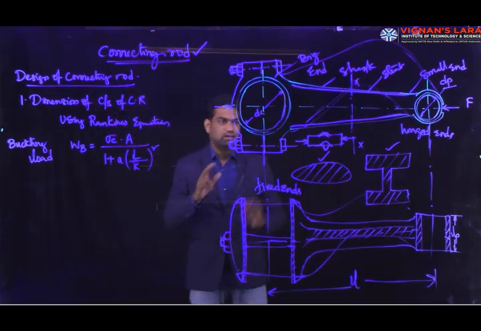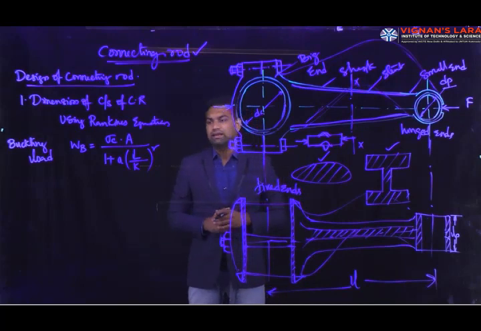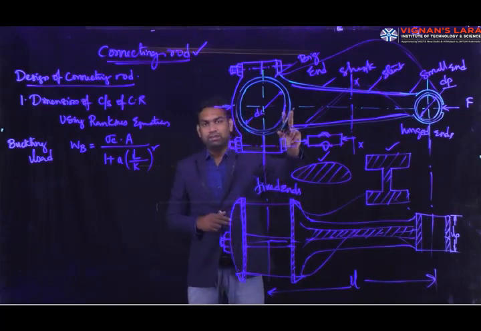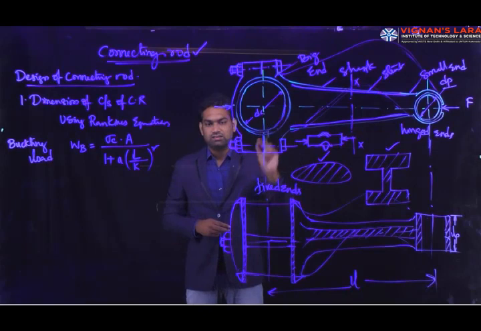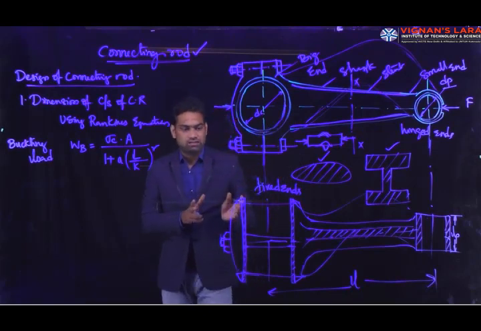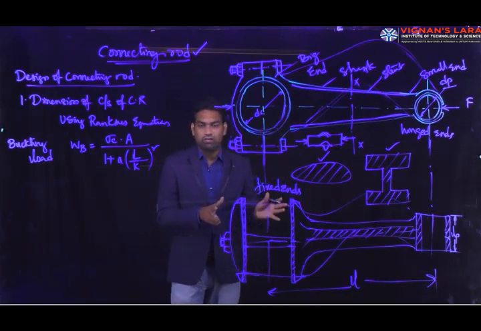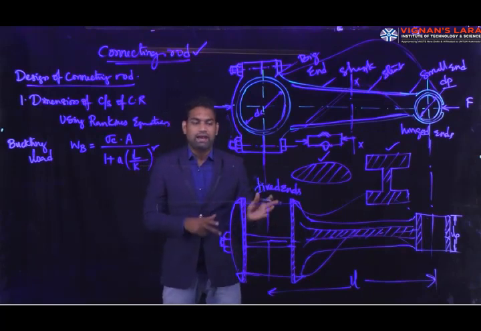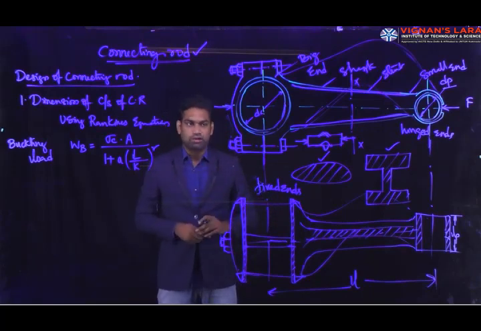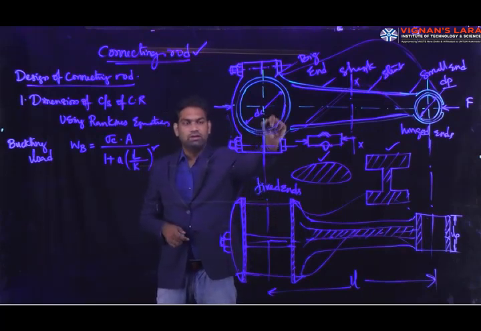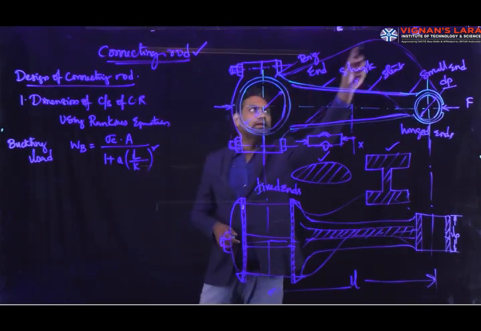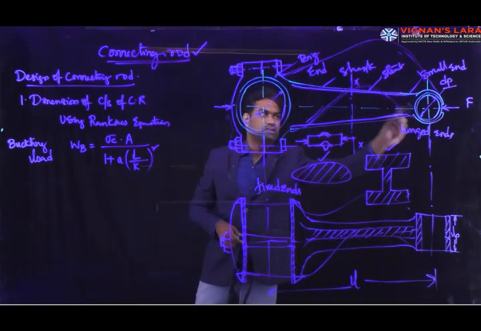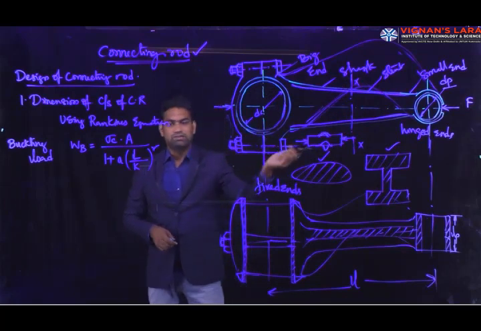As I stated, buckling can take place in the plane of rotation, that is about the x-axis, or the connecting rod may also buckle due to the compression load about the y-axis, that is perpendicular to the plane of rotation. Here in the front view you can observe buckling taking place in the plane of rotation by the application of the compression load.